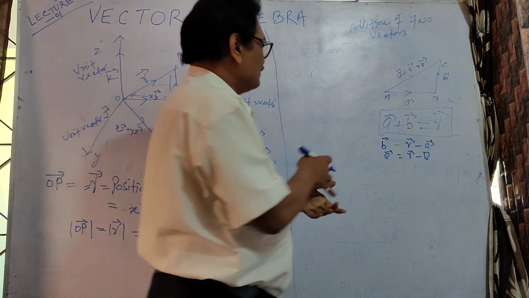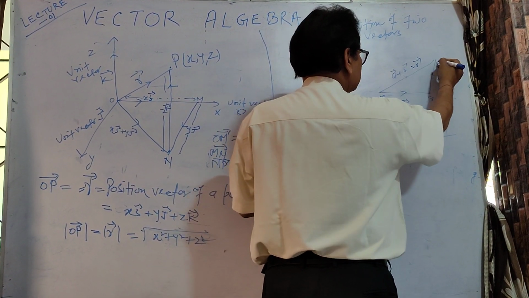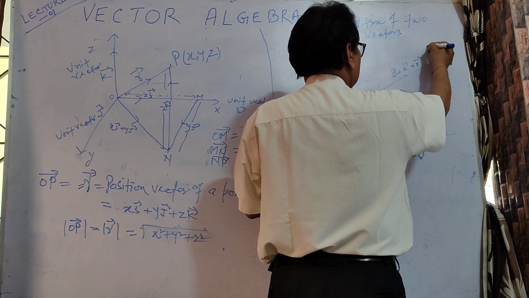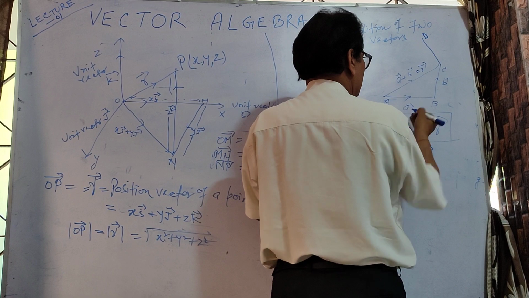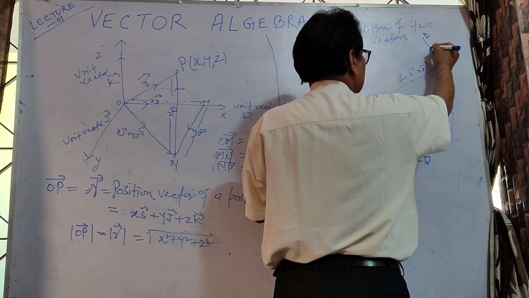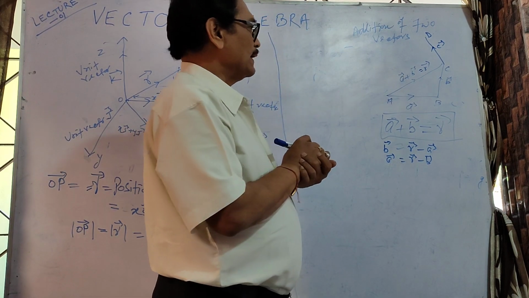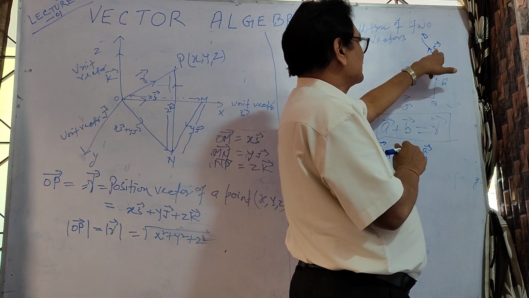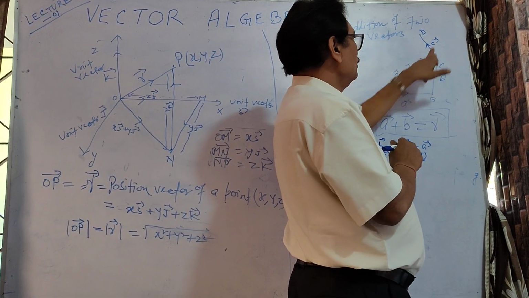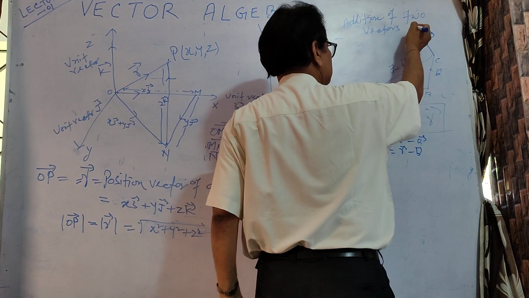So suppose we write vectors A, B and C. A plus B plus C will be another vector like this.